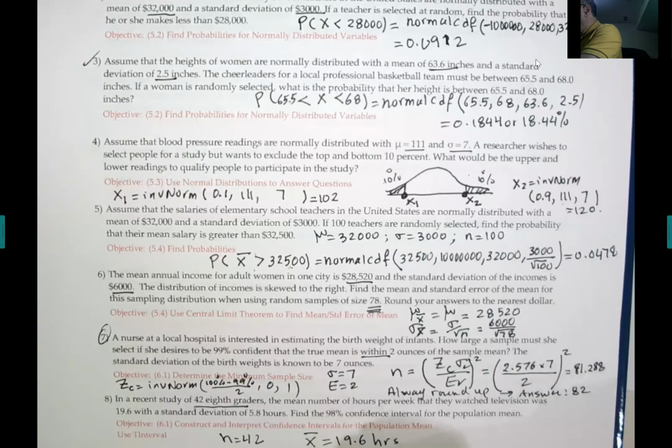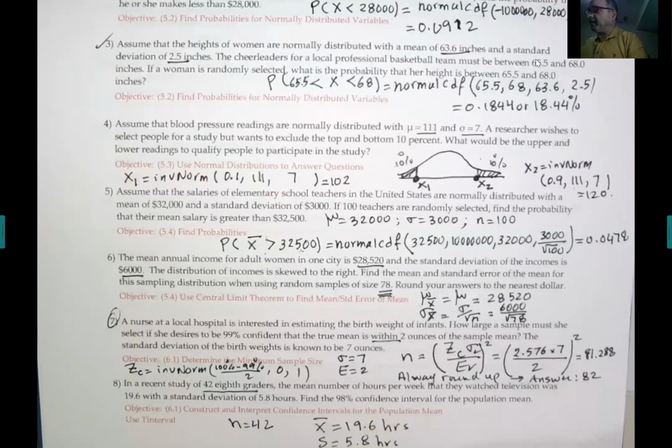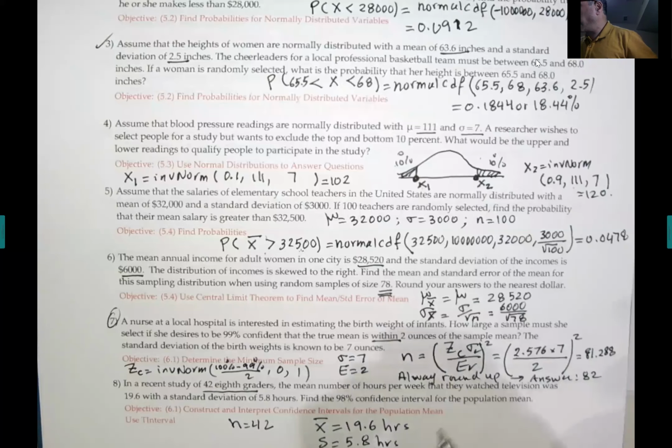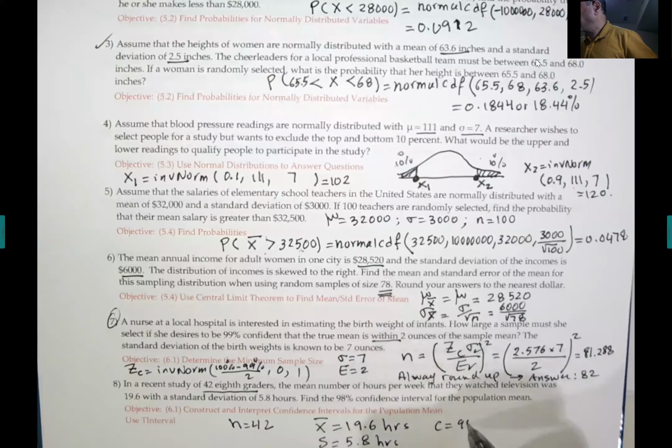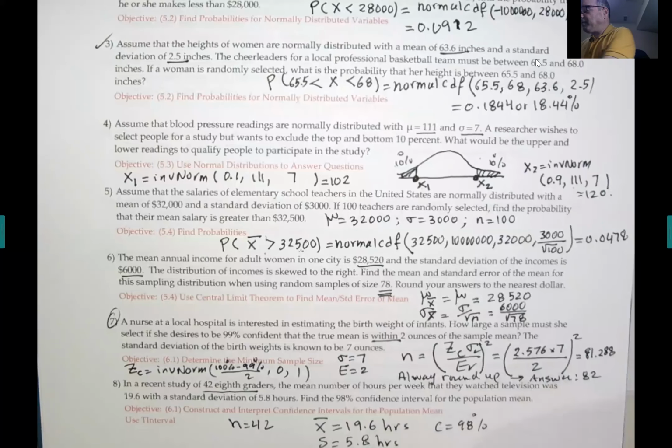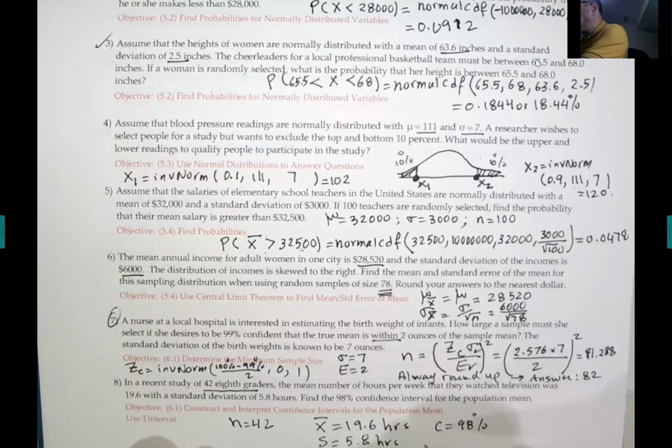Now, maybe some students are going to ask, why didn't you put sigma here? If he doesn't say population standard deviation, guys, you must put s. It's not sigma. It's not the population standard deviation. Find a 98% confidence interval. Okay. If s is given, guys, instead of sigma, you have to run not a Z interval, but a T interval.